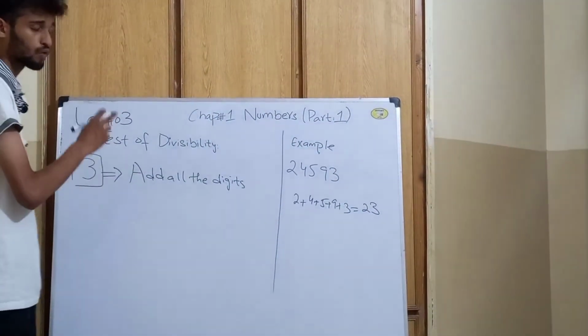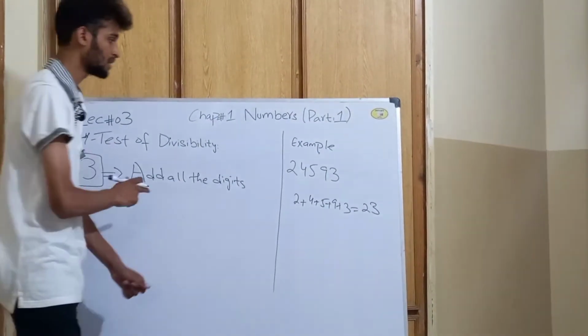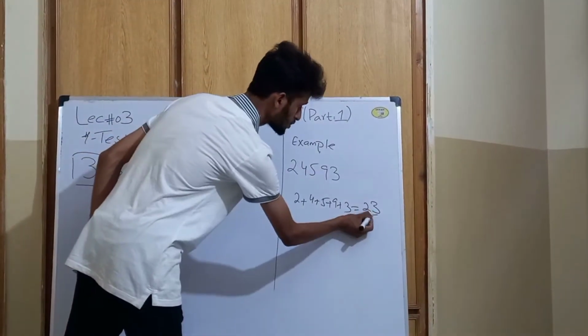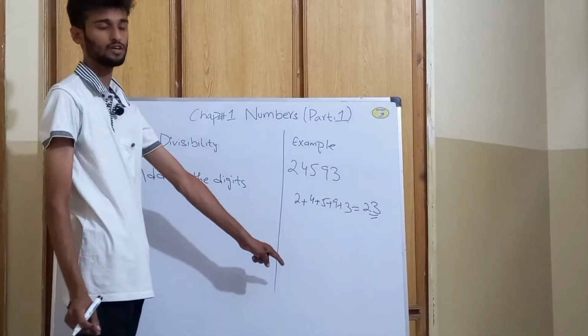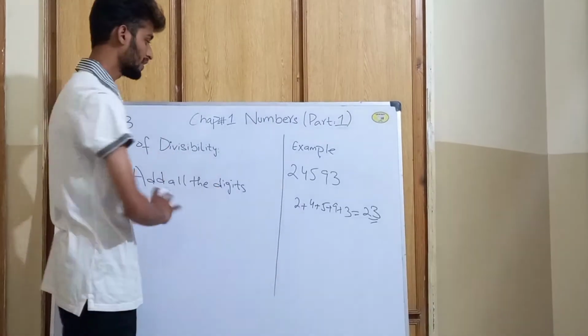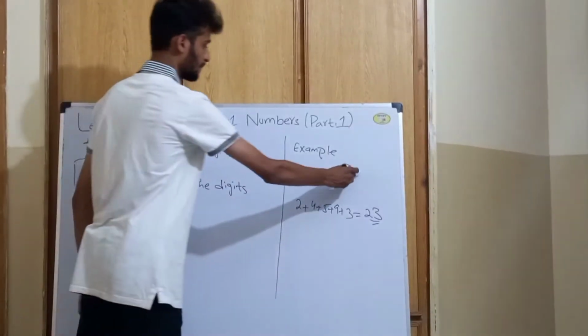If the answer is from the 3 table, then the number is divisible. But here the answer is 23, which is not in the 3 table, so it is not divisible by 3.